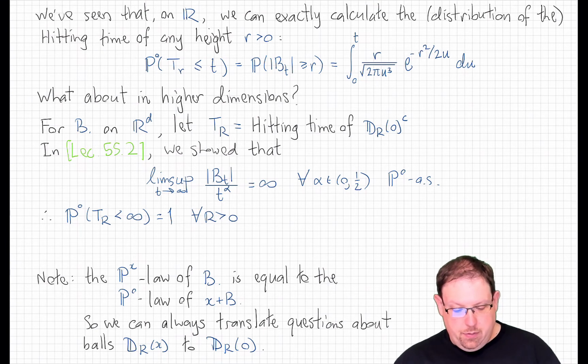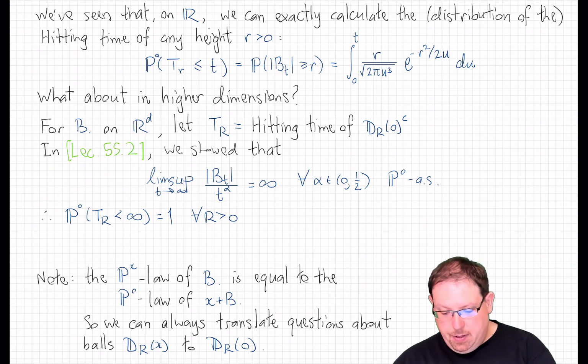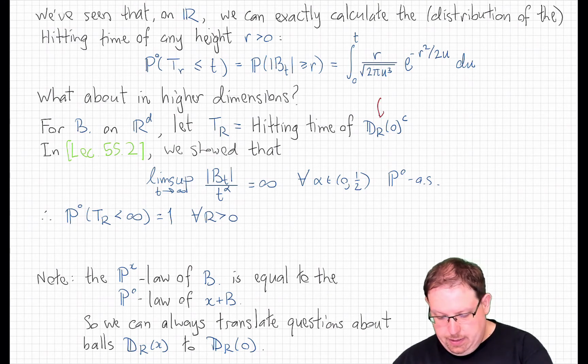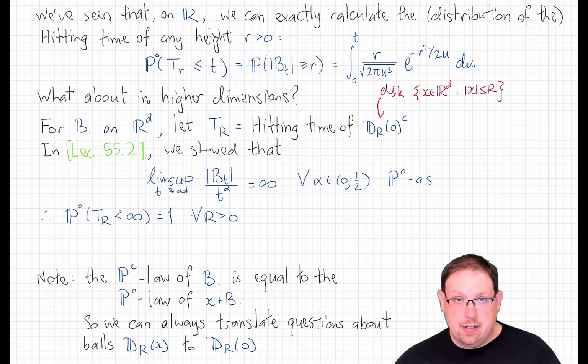For example, for Brownian motion on R^d, let's let T_r, for a positive number r, denote the hitting time of the exterior of the disk of radius r centered at 0. That is, the disk D; here I'm using D instead of B so as not to confuse B with Brownian motion.